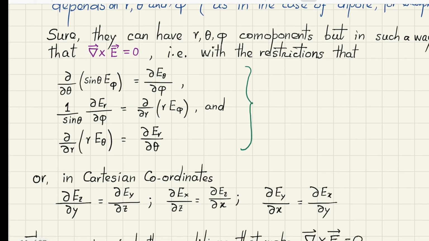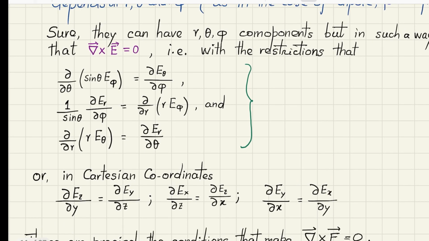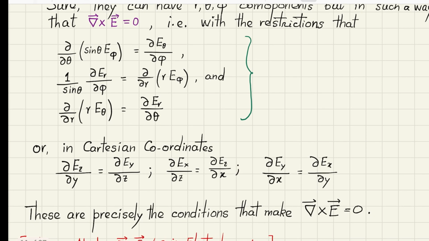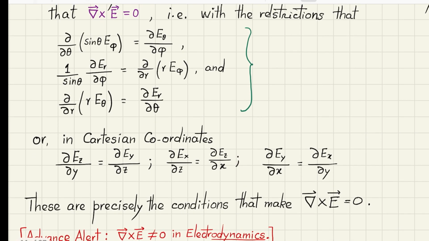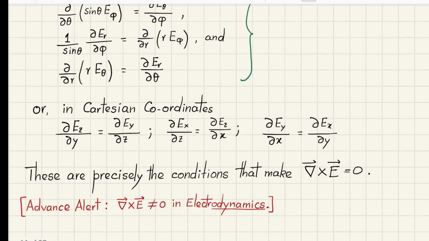These are precisely the conditions for del cross E equal to 0. Now, let me give an advance alert that del cross E is not 0 in electrodynamics. This is only true for electrostatics. Later we'll see there will be another component here, which is time dependent, and hence it talks about electrodynamics.